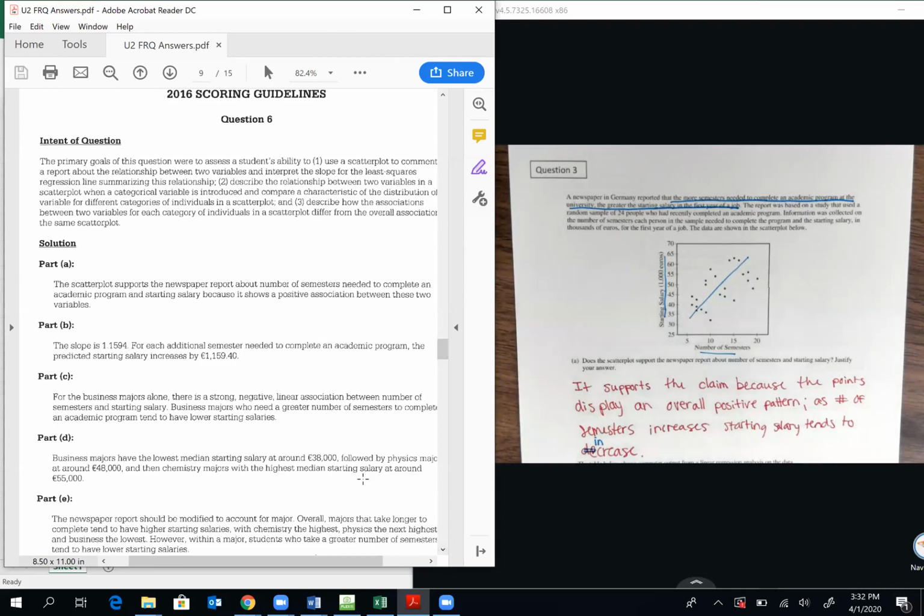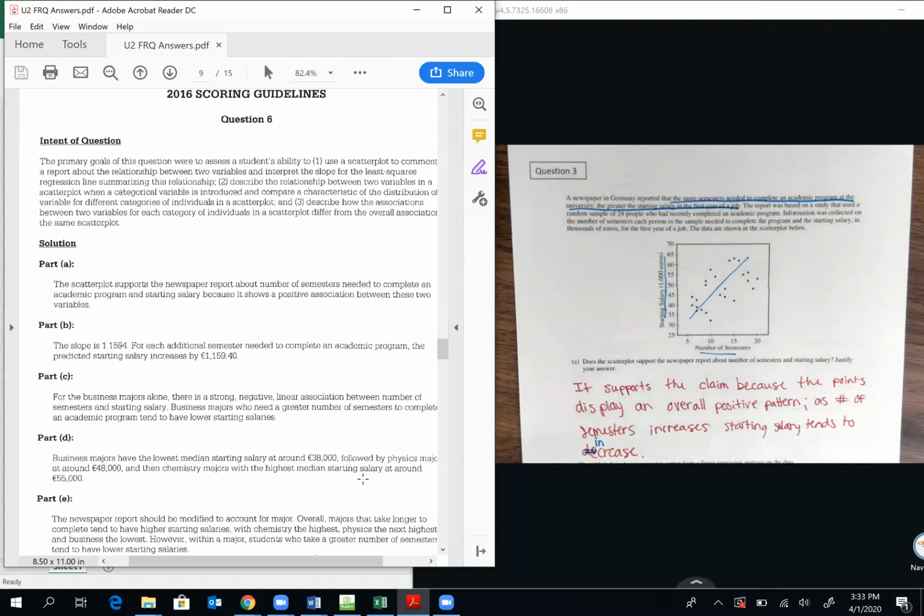Some of you might have said no because correlation does not imply causation. You're correct, but they didn't imply causation in their statement. So they said the more semesters needed to complete an academic program, the greater the starting salary. That's true. We are seeing a positive relationship between those two variables.